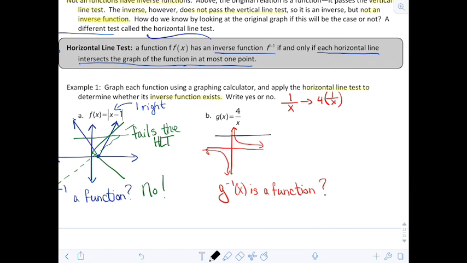And as you can see, anywhere I draw a horizontal line, it only touches once. So this passes the horizontal line test. So if I were to reflect over the line y equals x, yes, the inverse would be a function.